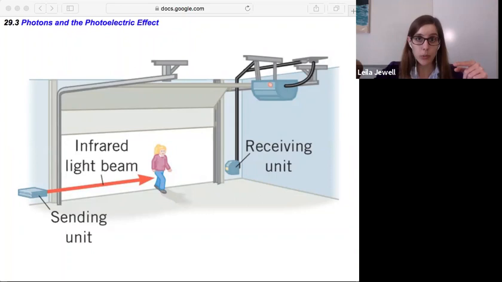And so then there's a steady loop in the circuit, and it knows it can close the garage. But if you pass in front of it, it knows there's something there and it doesn't want to close, and it stops in its tracks and backs up the way it came. So there are some cool applications of the photoelectric effect and the fact that light behaves as a photon.